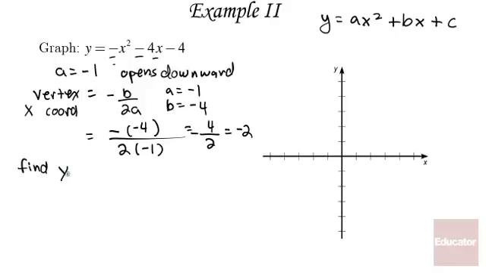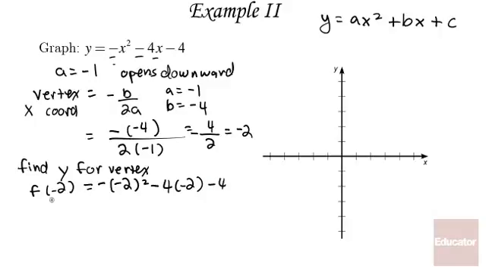Now find the y coordinate for the vertex by finding f of negative 2. And that's going to come out to, using this, negative 2 squared minus 4 times negative 2 minus 4, which equals, this is negative 4. Negative 4 times negative 2 is going to give me a positive 8 minus 4.